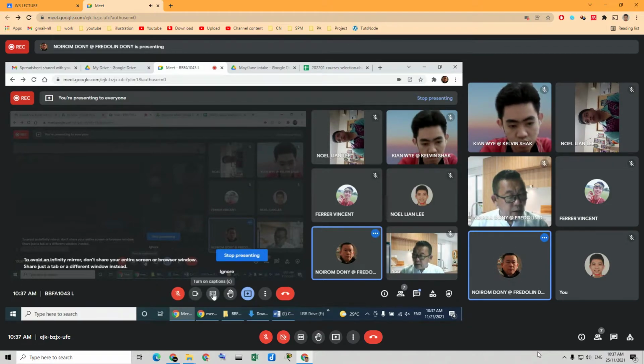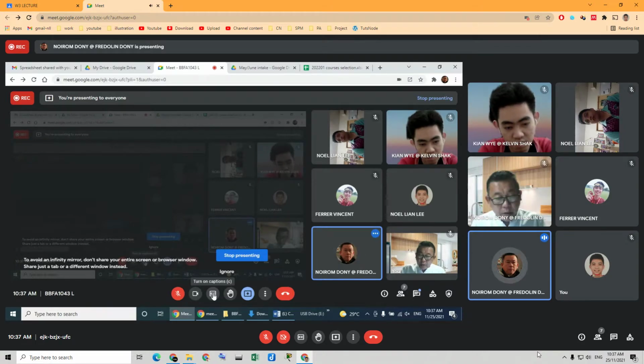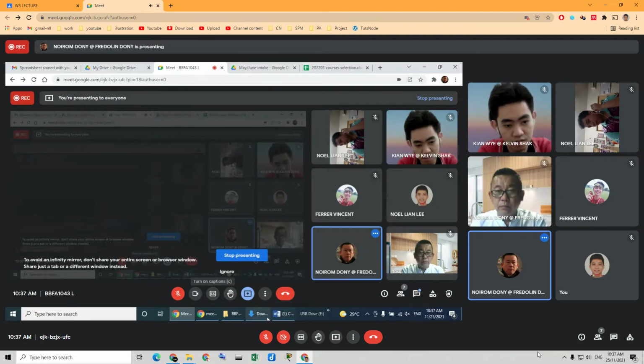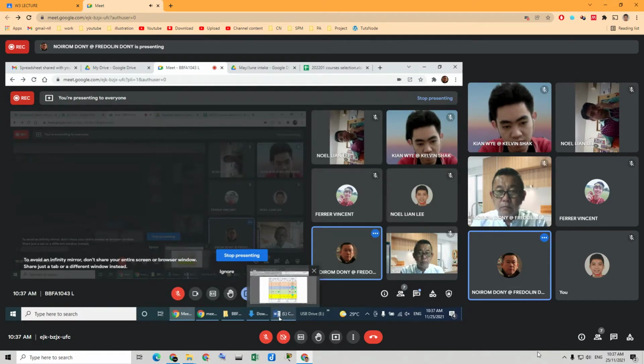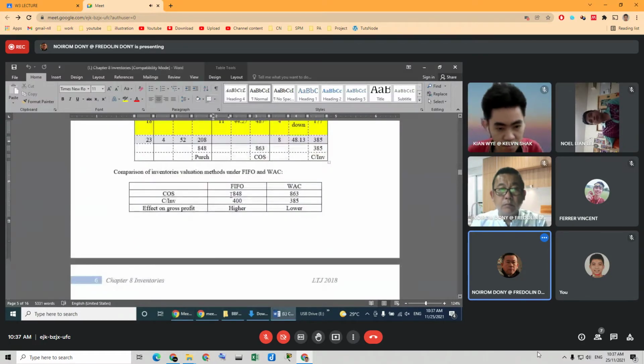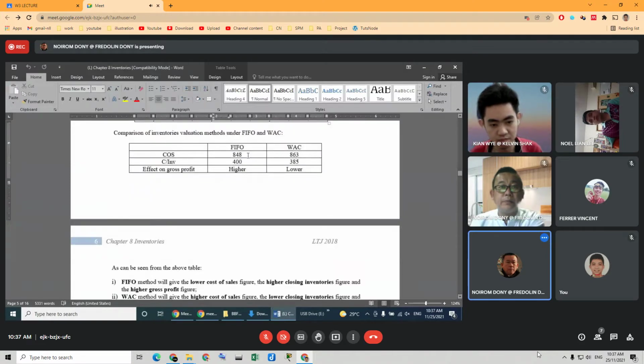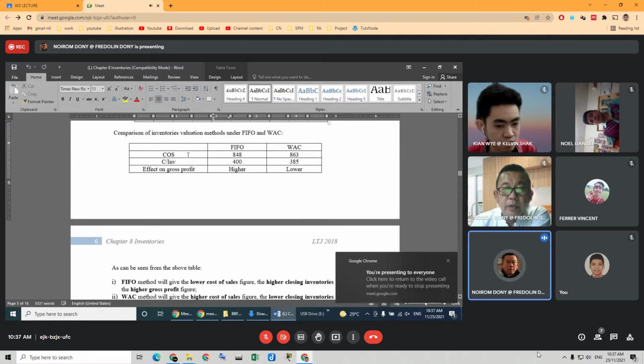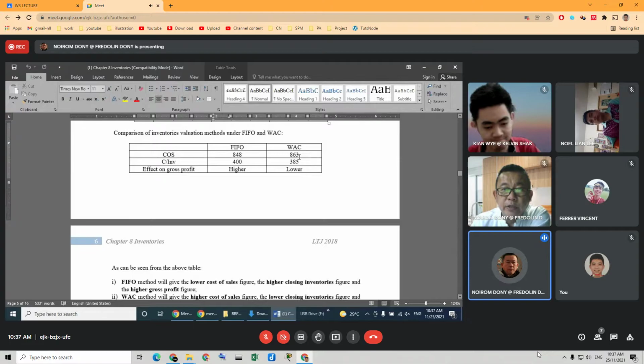Okay, so now the theory part. So cost of sales, if you look at the cost of sales for first in, first out is 848. And then weighted average is 863.